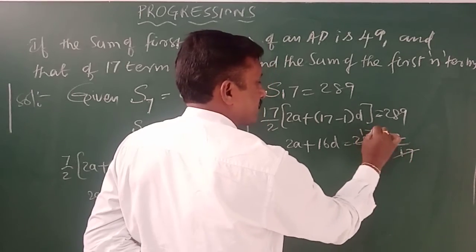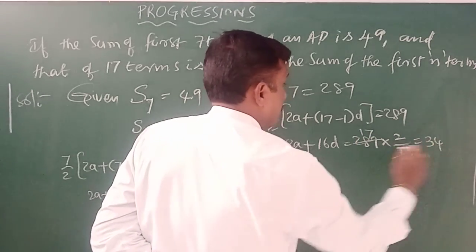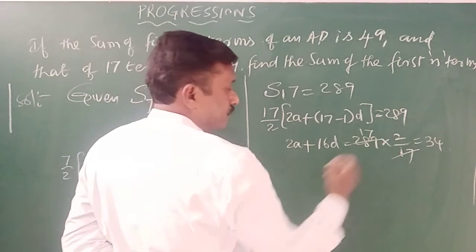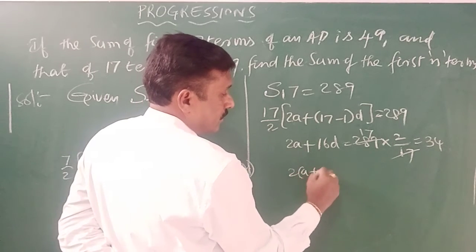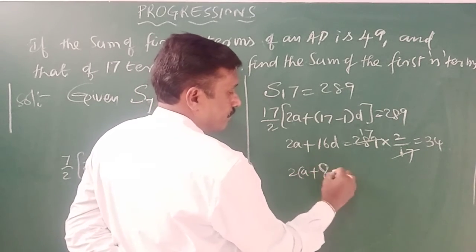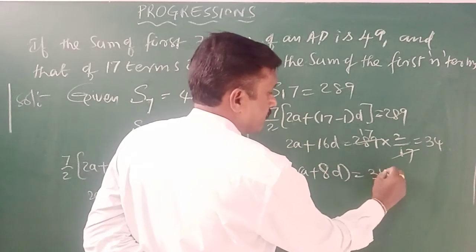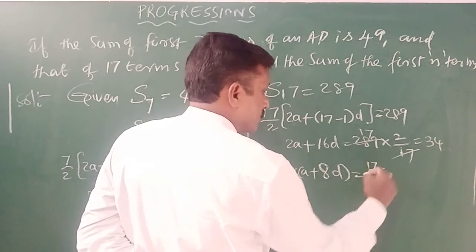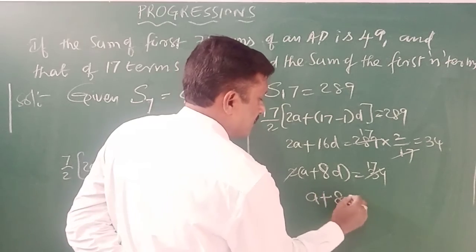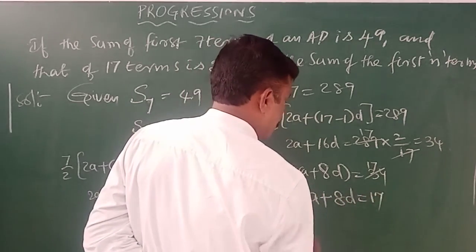You know that 17 17s are 289, so 2 into 17 is 34. Taking 2 common, a plus 8d is equal to 17.